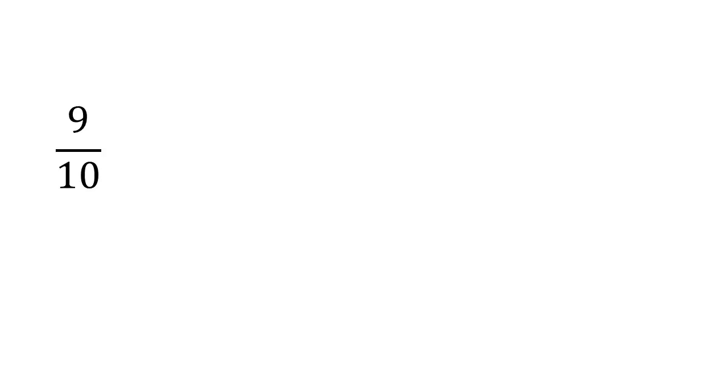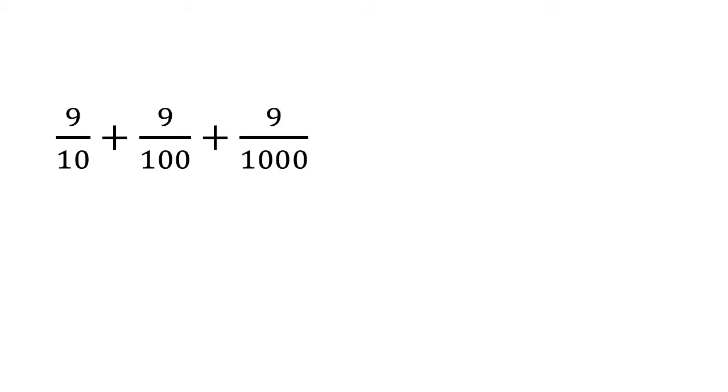And the terms I'm going to add are 9 over 10, which is 0.9, plus 9 over 100, which is 0.09, plus 9 over 1,000, which is 0.009, and then plus 9 over 10,000, plus 9 over 100,000, etc., all the way on, going all the way down to infinity.